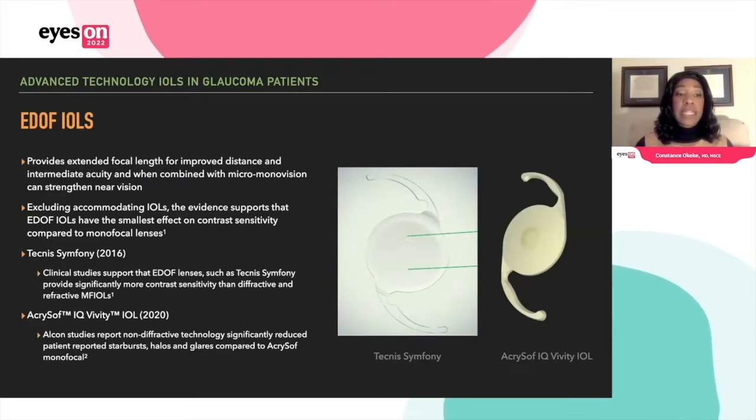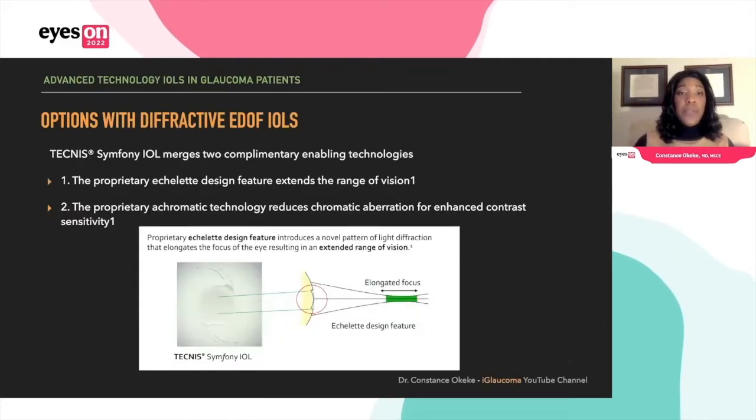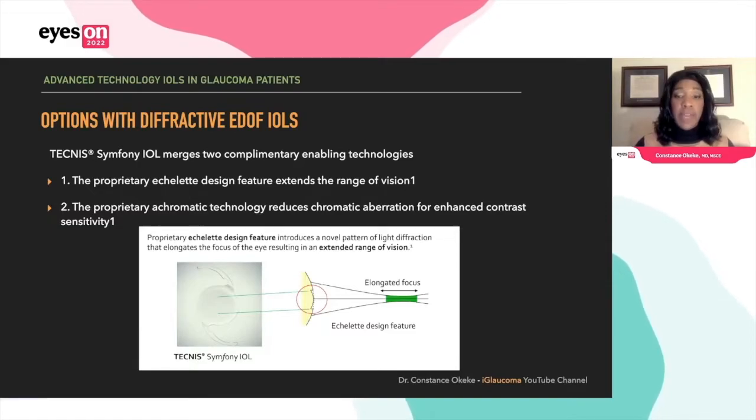So the Tecnis Symphony lens, which came out in 2016, and the Acrysof IQ Vivity lens that came out recently in 2020. So the Tecnis Symphony lens is an extended depth of focus lens that has diffractive technology. And so here, the design where they have an echelette feature helps to elongate the range of vision.